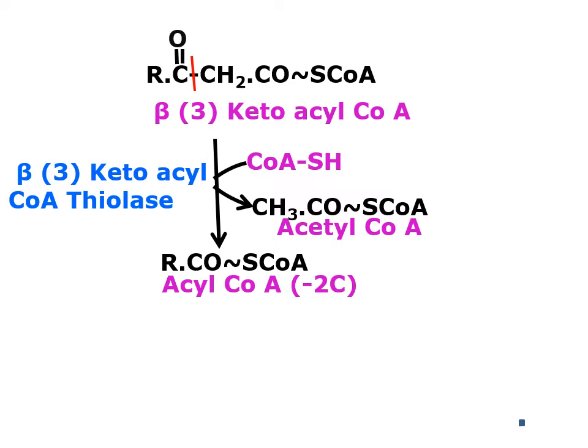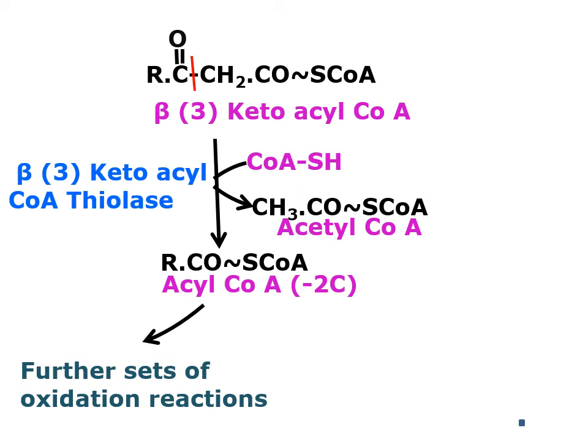So this process will go on continuing till all the carbon atoms of the fatty acid are removed as a 2 carbon compound, that is acetyl CoA. So we could define beta oxidation as oxidation of the beta carbon atom of the fatty acid by removal of 2 carbon atoms at a time. Is that clear? So that is beta oxidation. So it goes on continuing.